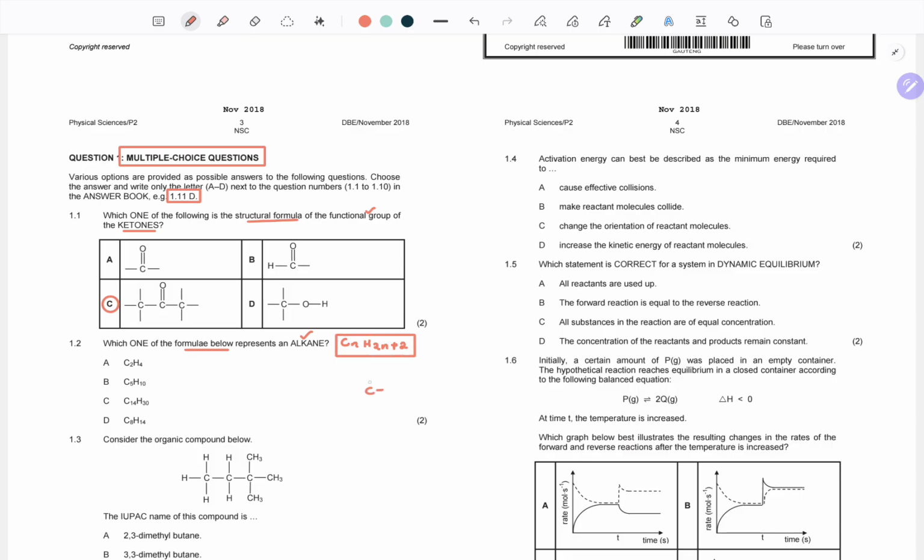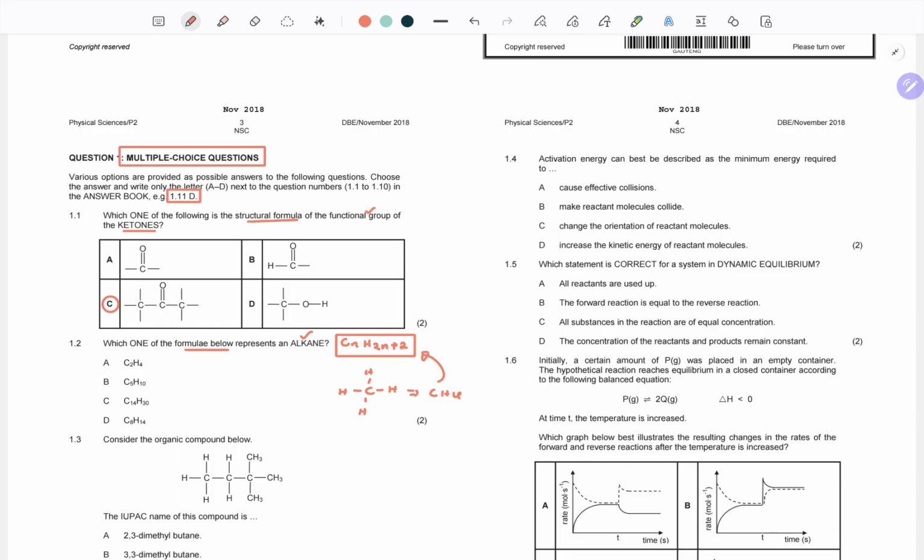Just take the basic alkane, which is methane, and write its molecular formula. It's going to be CH4. So can you see C is 1? Then we can say H2 times 1, that's 2, plus 2, that's a 4. So it really makes sense in terms of that formula. So we know we are ready to answer.